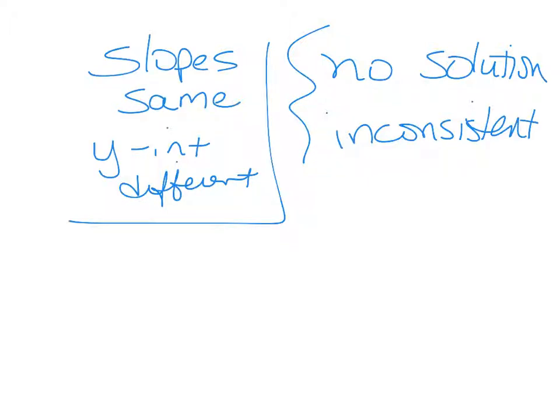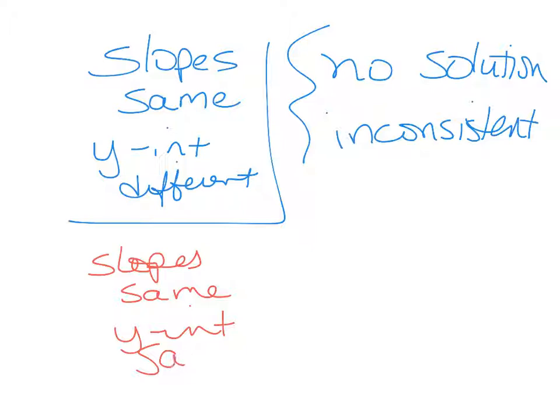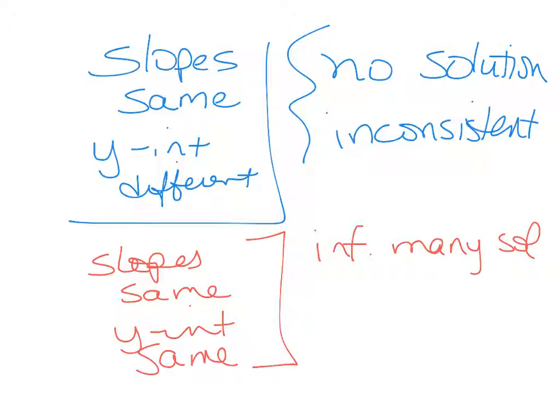So that's for that one. Then when slopes are the same, y-intercepts the same, so pretty much everything the same, this is when it's infinitely many solutions. It's consistent, dependent.